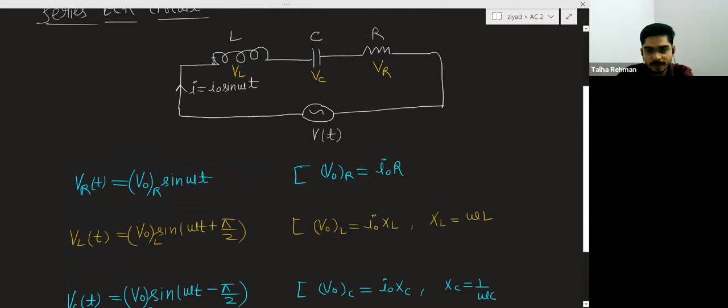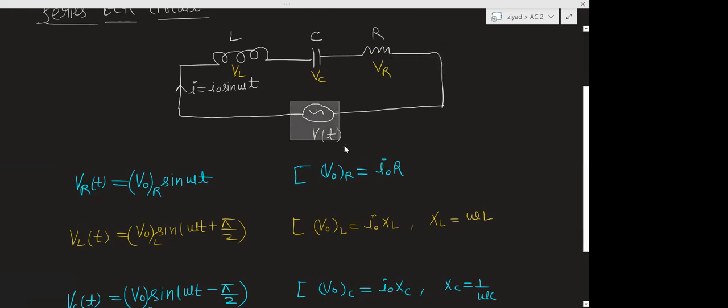If I want to write the voltage across the resistance at any time t, here is an alternating voltage source, so the voltage across the resistance will change with time, not constant, because of this alternating voltage source.